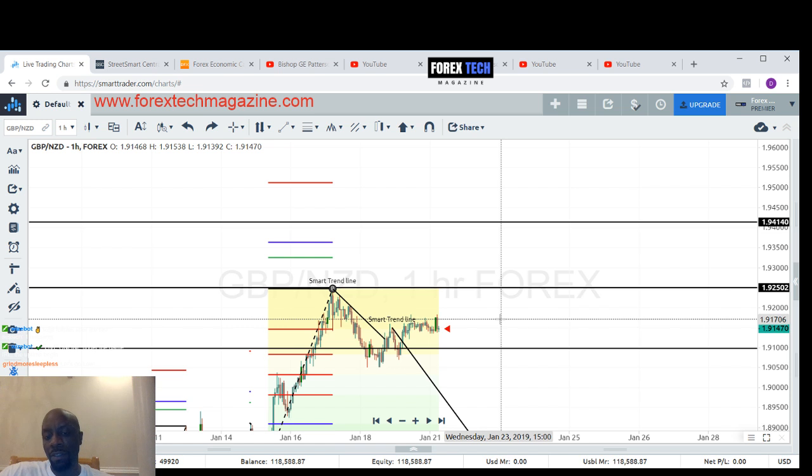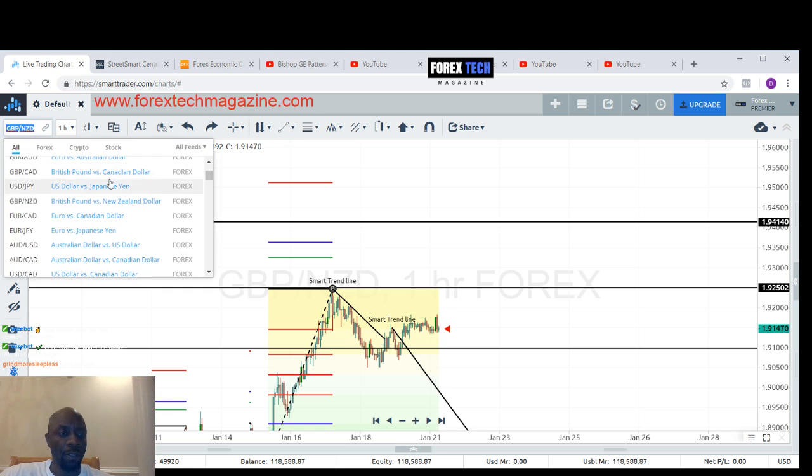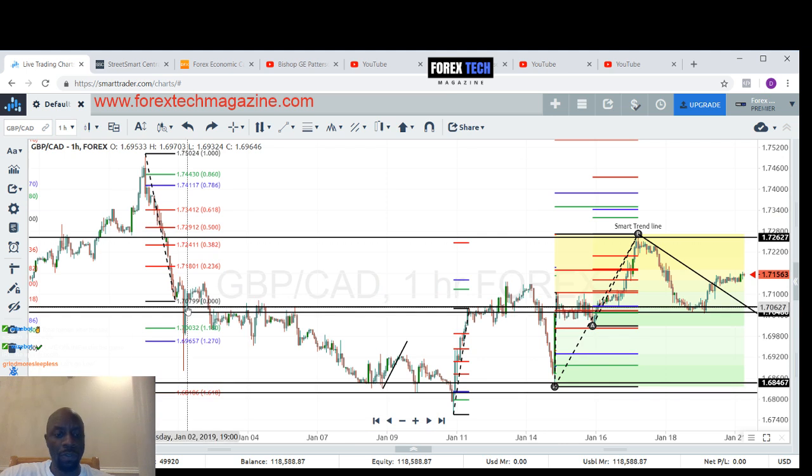As always, this is an opportunity to potentially get into the market, but use common sense with it, and also look for the best trades possible, right? So look for the best setups. Let's see if there's a setup that's a little bit better than this one that we could get into to potentially make money.